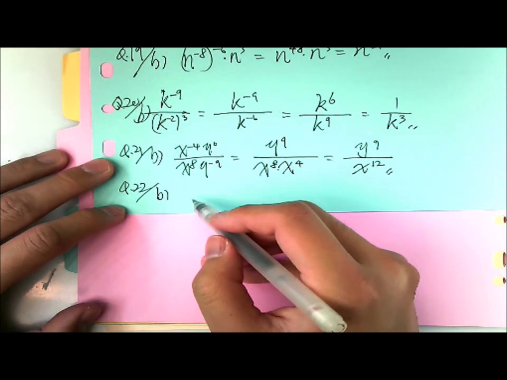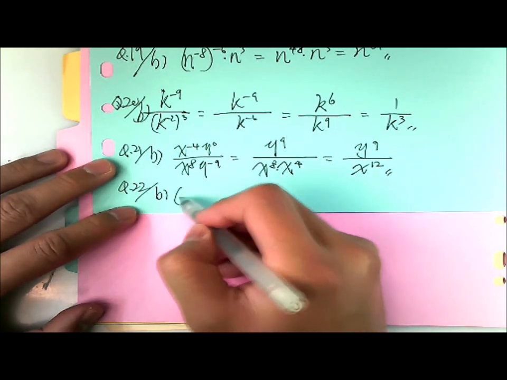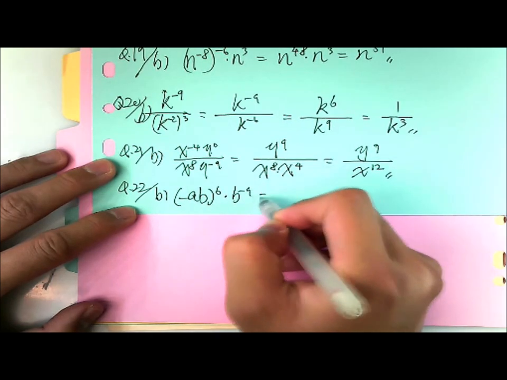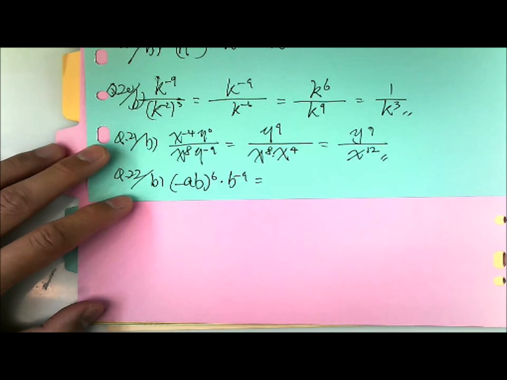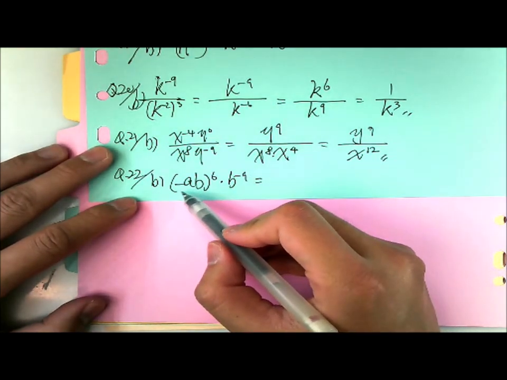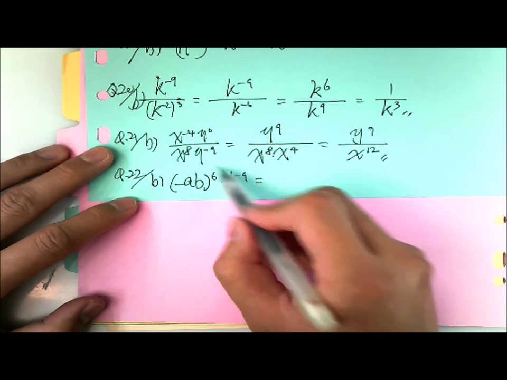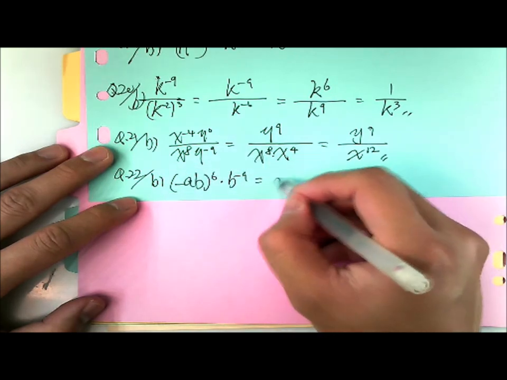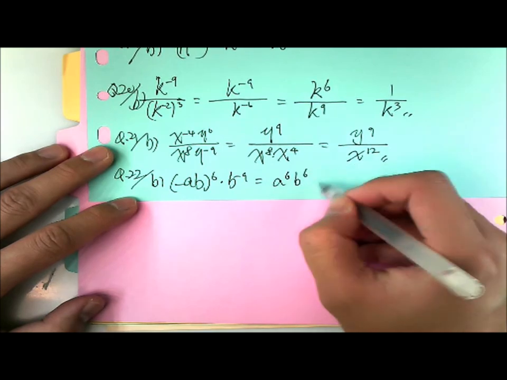Question 22B. It's okay. So here you see a negative. So be very careful. Is it positive and negative of this result? Positive. So you don't have to write down the positive, but you just keep doing. Okay? Understand?